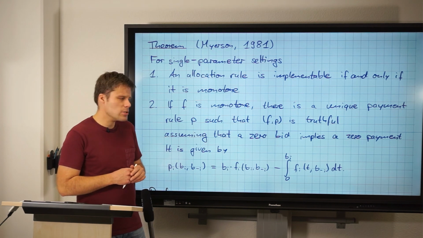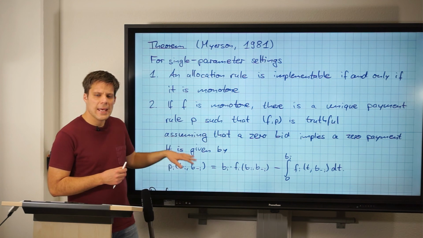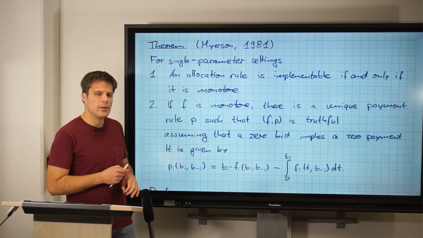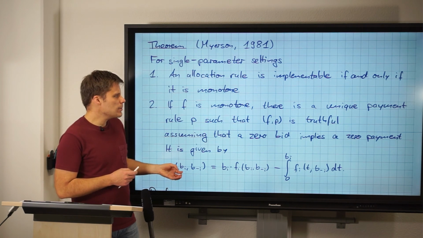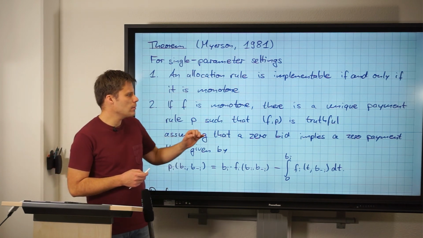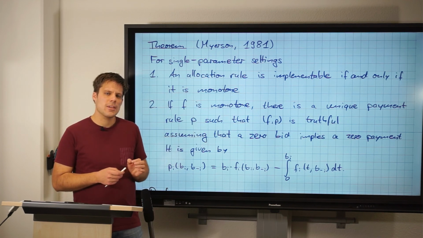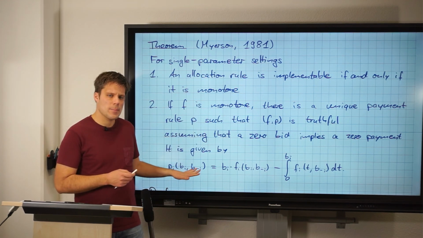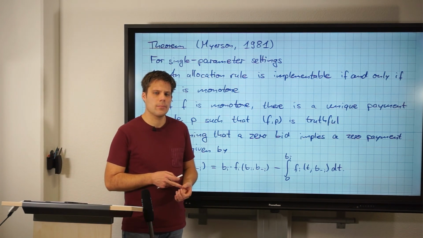And then we also showed that for the mechanism Fp to be truthful, the payments have to follow this formula. And then the last thing that we did was, if now the allocation rule is monotone, then combining it with these payments will always give us a truthful mechanism.